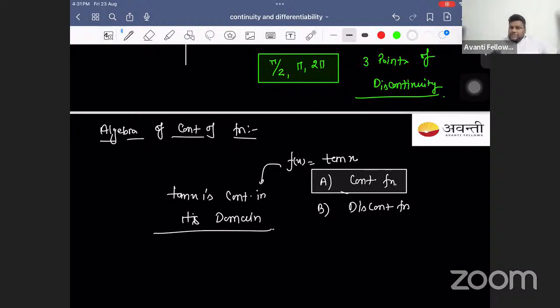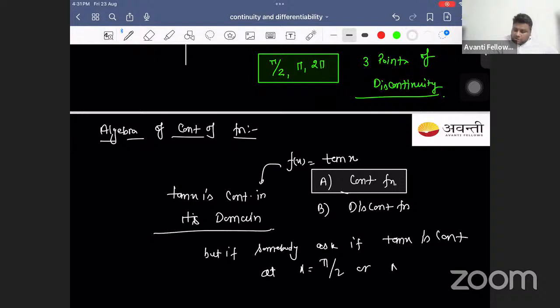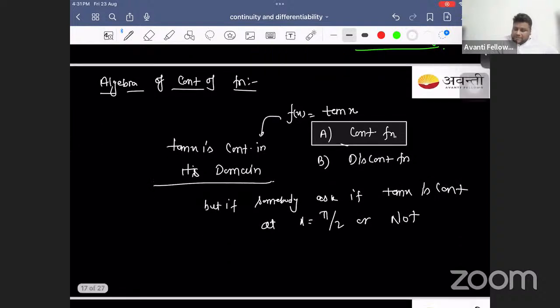But yes, if somebody particularly asks me, is tan x continuous at pi by 2? Then we will definitely say no. If somebody asks if tan x is continuous at x equals pi by 2 or not, then the answer is no, it is not continuous.